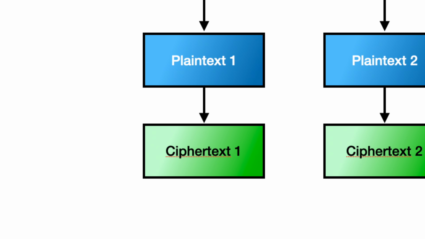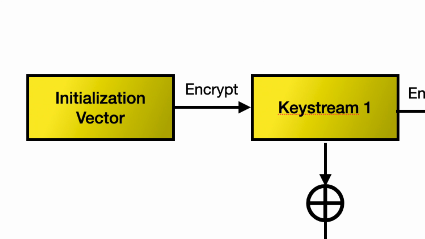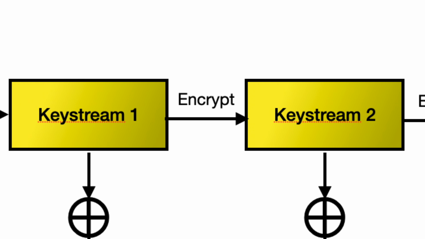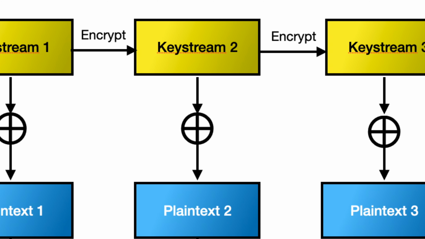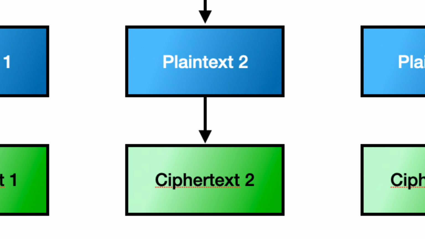Now let us get back to what we did just now. We took the initialization vector, we encrypted it, and we got keystream 1. Now we encrypt the keystream 1 again and we get the keystream 2. Now we XOR this keystream 2 with the second plain text block, and this XOR results in ciphertext 2.